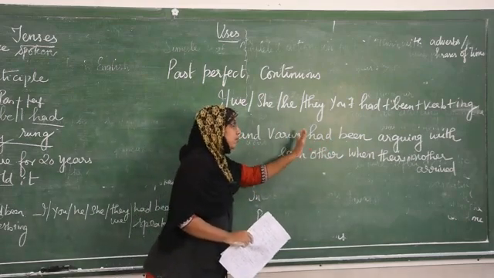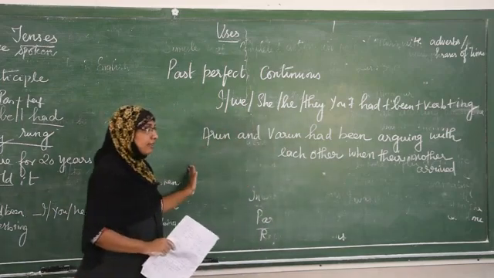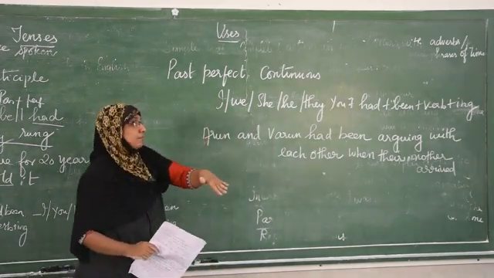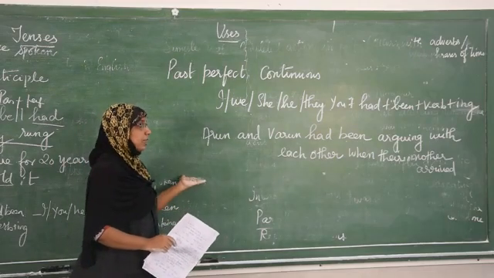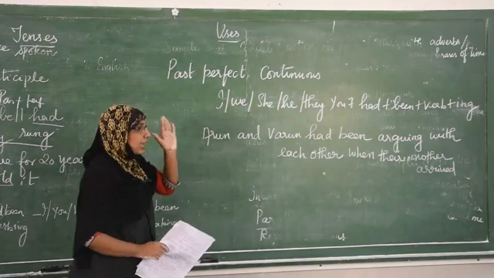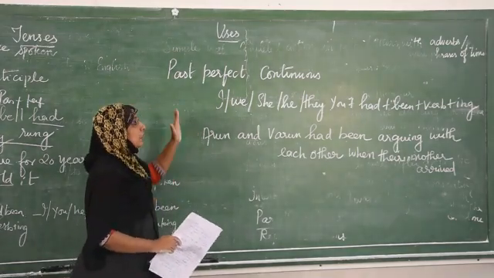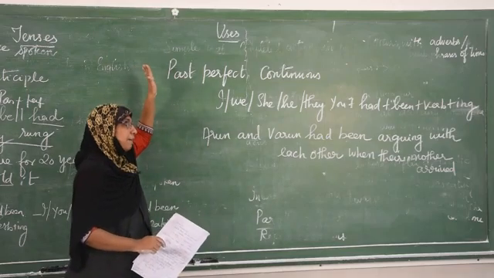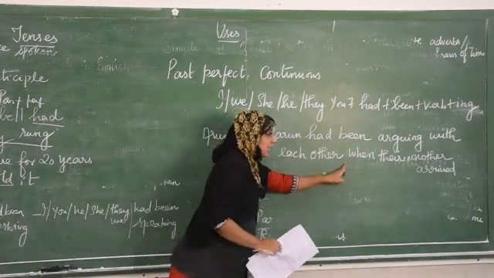Here the time is not mentioned, whereas for past continuous, sometimes the time is mentioned or may not be mentioned. But for the perfect continuous tense, time is not mentioned. The action had already begun. It was going on in the past before the second action took place.